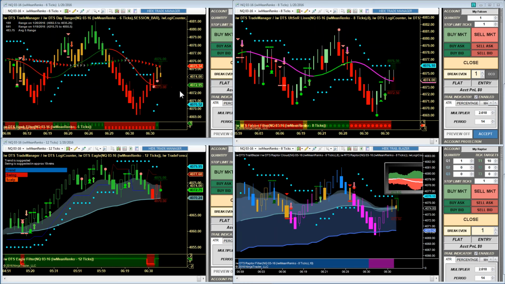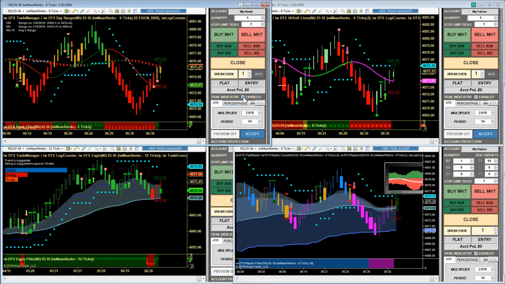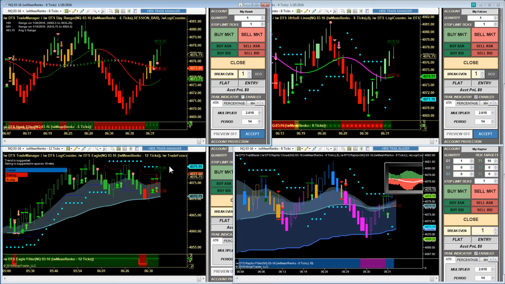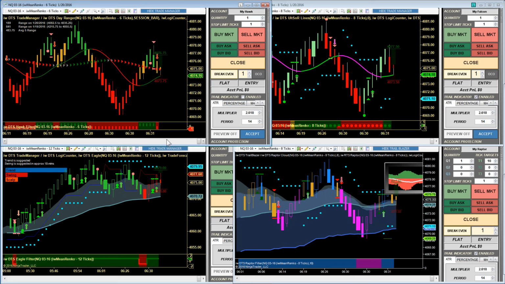For those of you new to the trading room, welcome. I'm going to give you a really quick overview of what you're looking at here. This is the diversified trading system, and it's diversified because we're looking at the market from 3 different points of view. Here in the top left, we have the Hawk Micro Scalper.